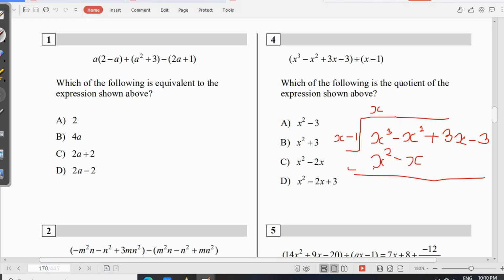You can see that this x squared and this x squared here is going to eliminate it. So you're still having x cubed, because this minus x, this is minus this x, and this x will go off too. So we still have x cubed, and we have minus 3 and plus 3.